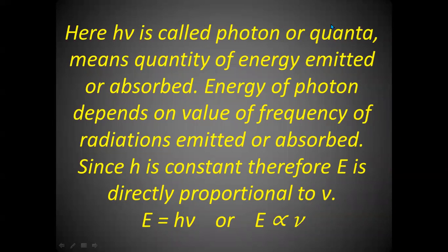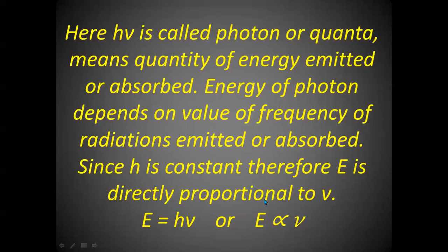As I told you just now, it is equal to one photon. So the energy of a photon depends on the value of frequency. Therefore, E is equal to h nu. Because h is constant, we can say E is directly proportional to frequency. E proportional to nu. Here direct proportionality is there.